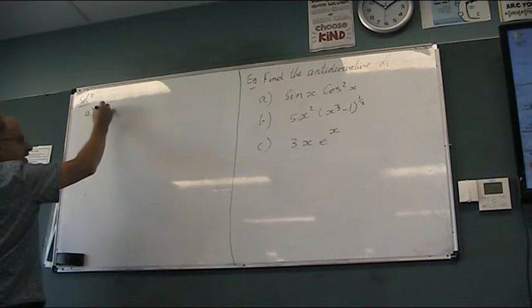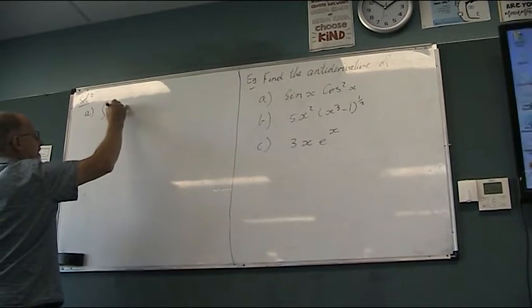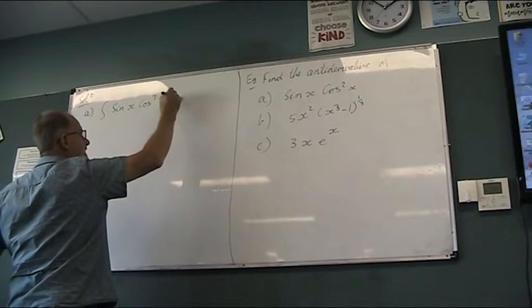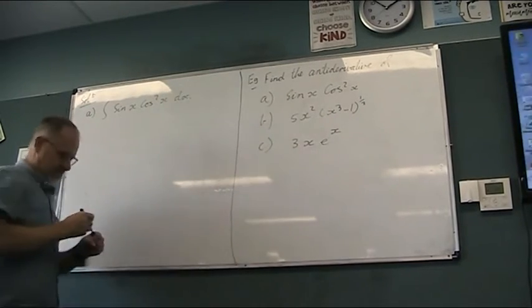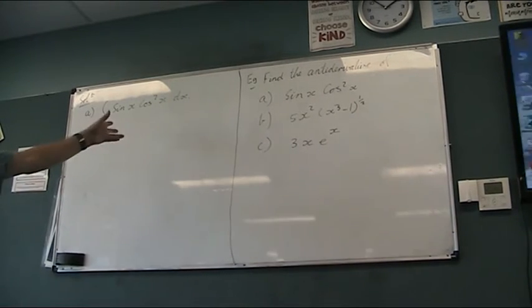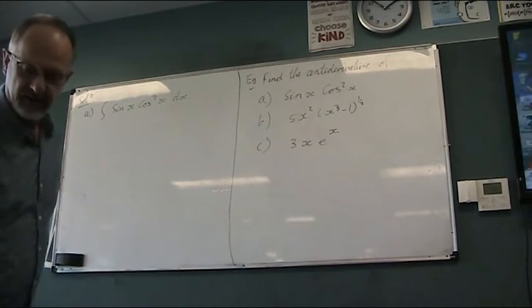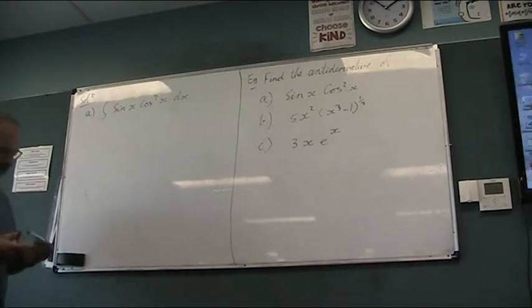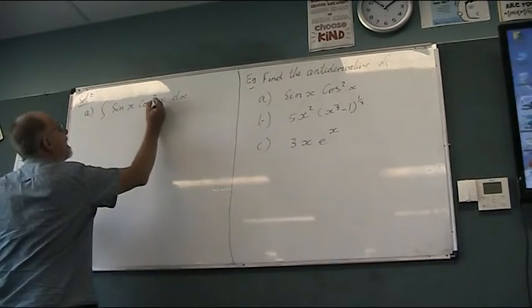So A, we want the antiderivative of sin x cos squared x dx. So we've got two choices here. We've got the sine and we've got the cos, and which one is it that we want to choose to be our u?